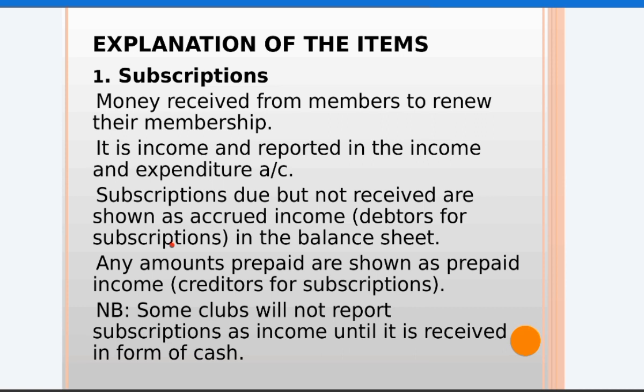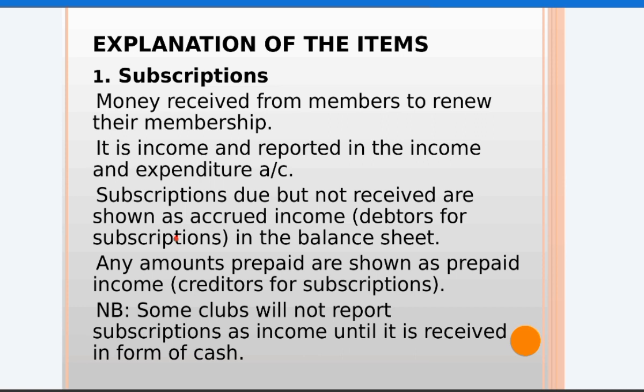So any unpaid subscriptions, we call them debtors for subscriptions, and they are recognized in the balance sheet as assets. So we will have debtors for subscriptions being current assets in the balance sheet.